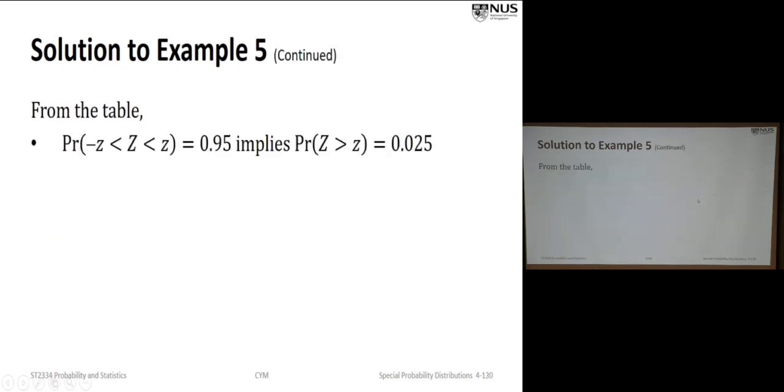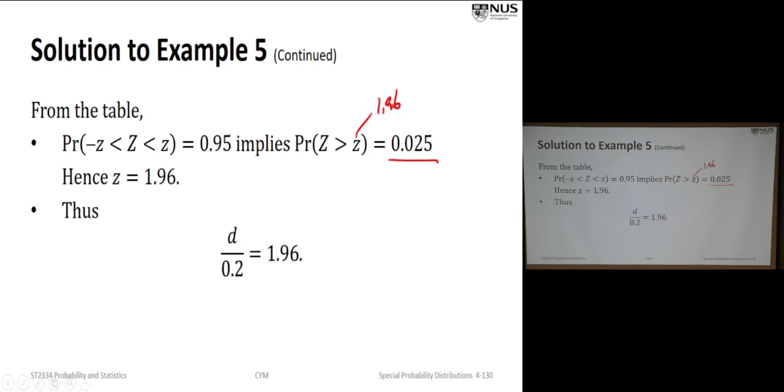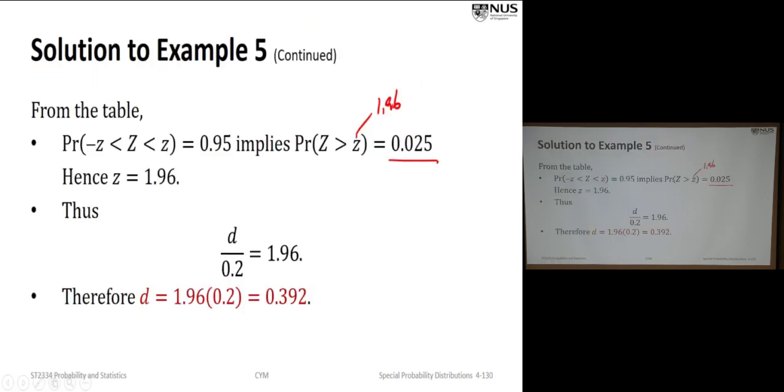So we work out, 2.5%, and this value is 1.96. So D over 0.2 is 1.96, so D is equal to 0.392. In other words, the probability between 1.5 minus 0.392 and 1.5 plus 0.392 is equal to 95%. That's what it means.